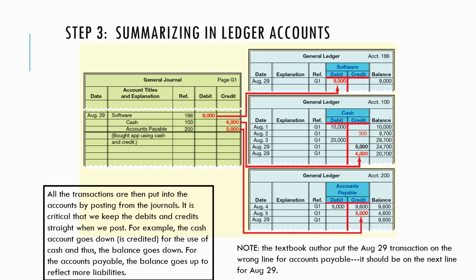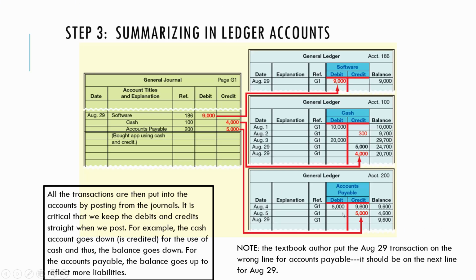Now, the other account which we have besides the asset accounts is a liability account. And here we have a transaction which has us paying off this liability. This accounts payable gets paid off here. Actually, I think I need to look at this a little more closely.